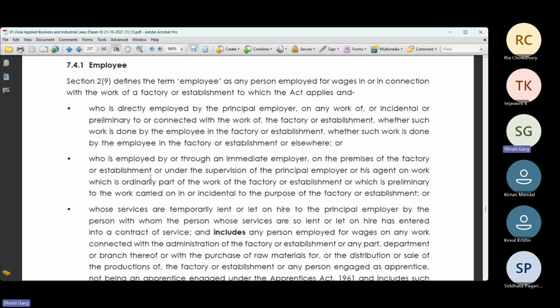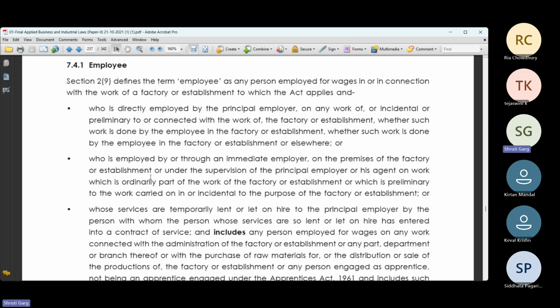Section 2, subsection 9 defines the term employee. Means any person who is employed for wages in or in connection with the work of a factory or establishment.